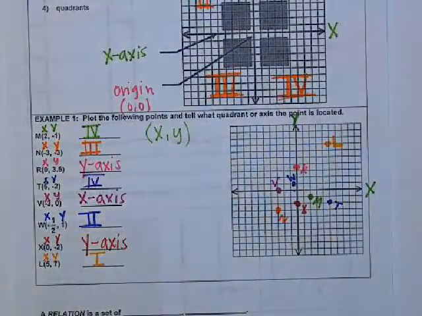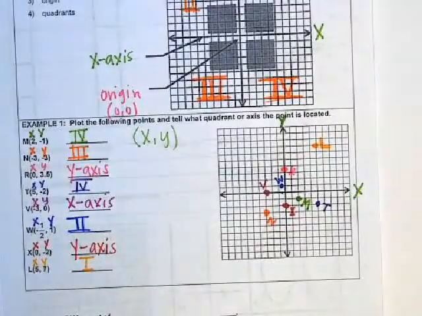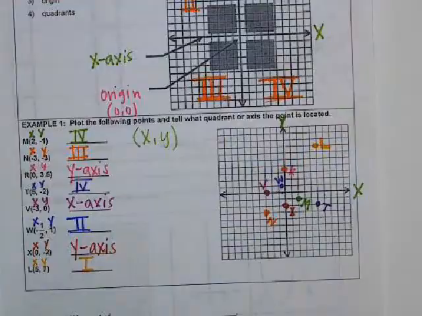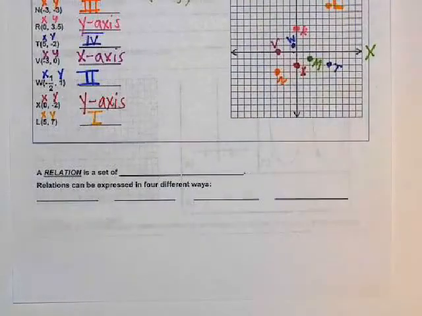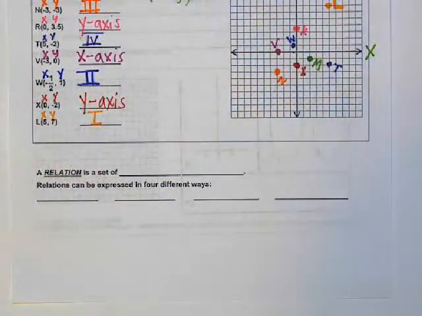All right, any questions about plotting? Okay, do we kind of remember how to do that? All right, on the bottom. The bottom says a relation is a set of... do y'all remember what relation means? It's a set of what? Coordinates.